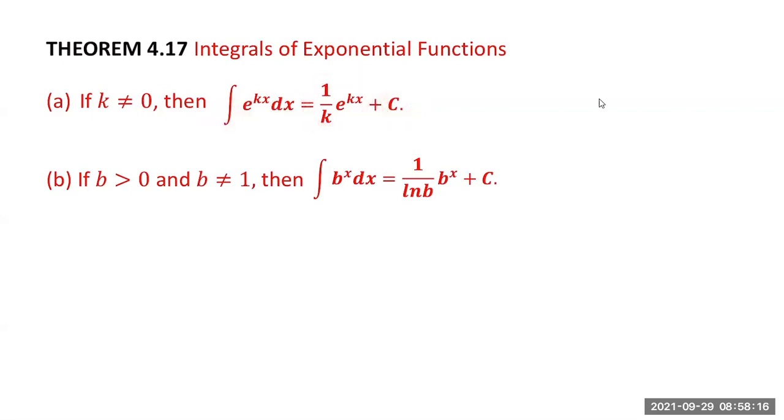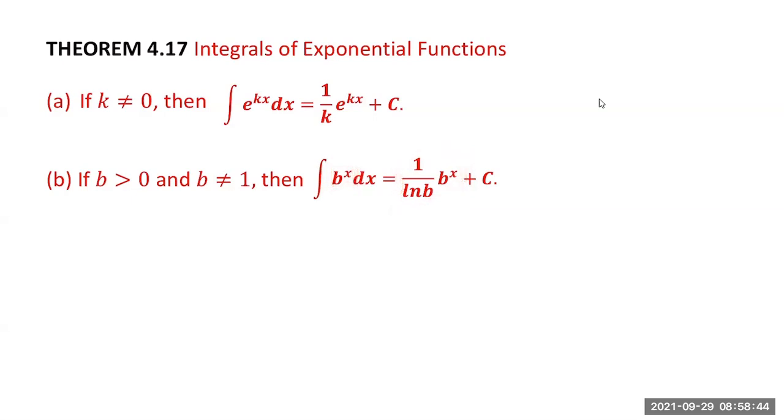That's clearly true. Here is the second part of the theorem: if b is greater than 0 and b is not equal to 1, then the indefinite integral of b to the power x is given by this family of antiderivatives, this function plus a constant. Again, to prove that this formula is true, all you need to do is show that this is an antiderivative of the original function b to the power x.